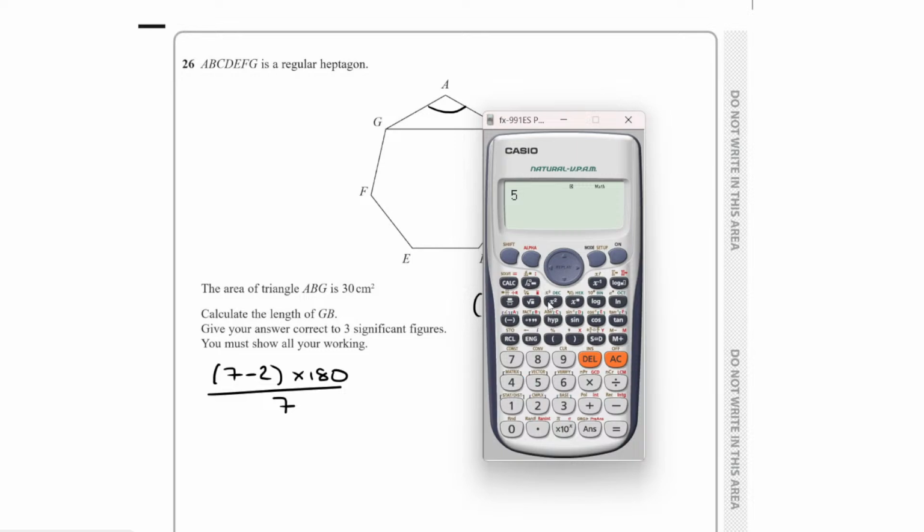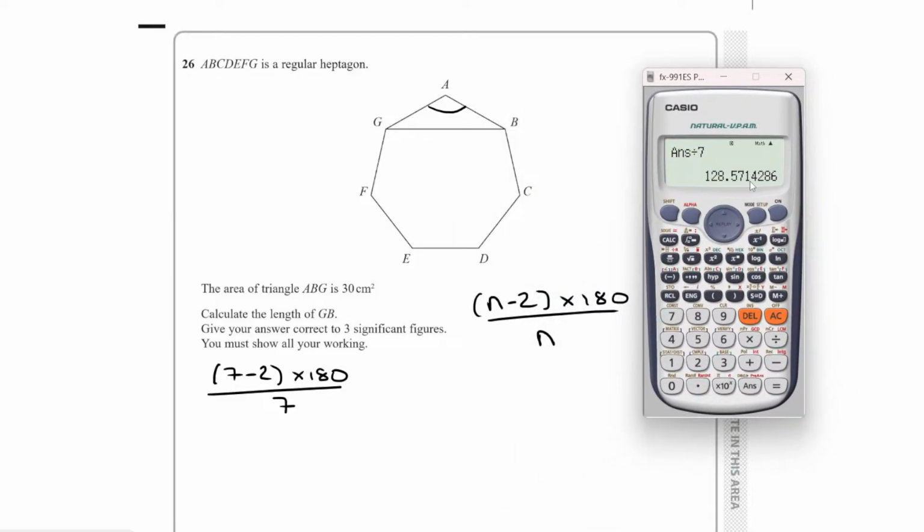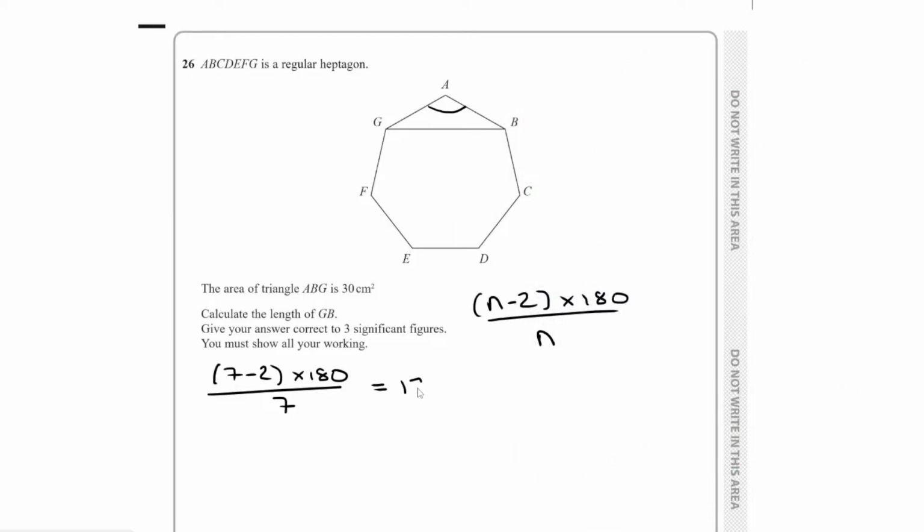So effectively it's 5 times 180. So the total degrees in a heptagon is normally 900. Because it's a regular heptagon, they share them out equally. So you can see it's not a great number, but I'll try and keep that in my calculator. 128.57-ish degrees, isn't it? That's what this one is.